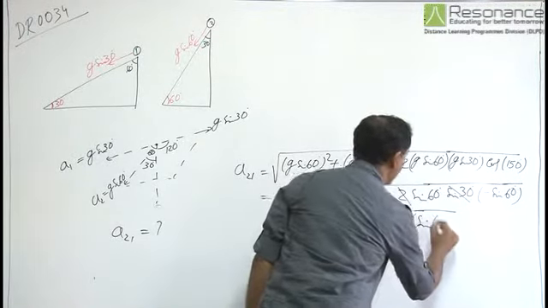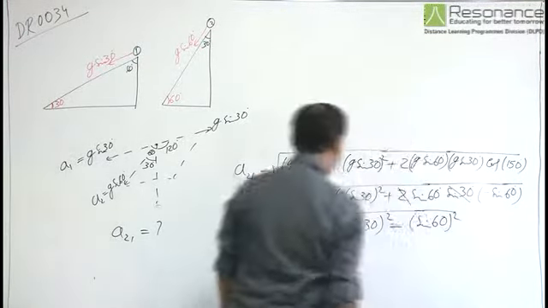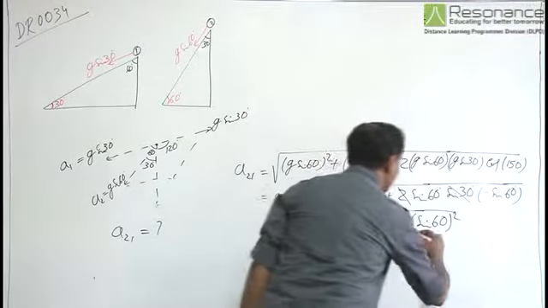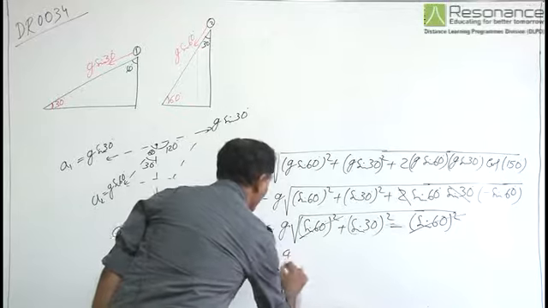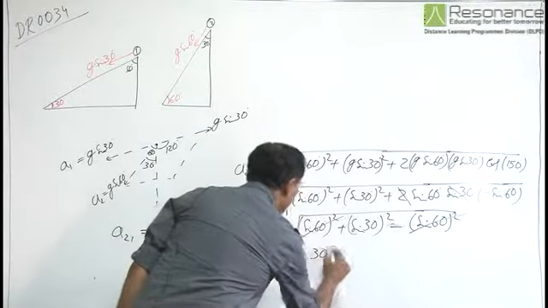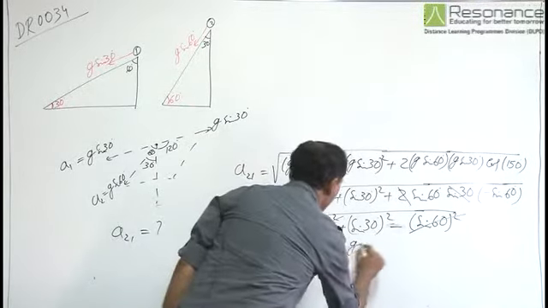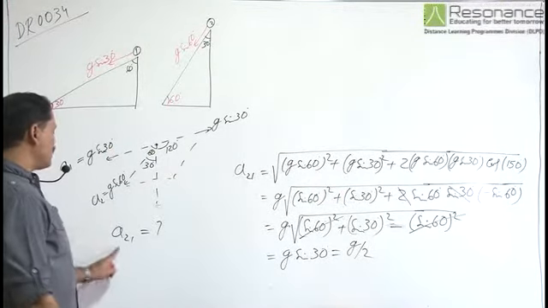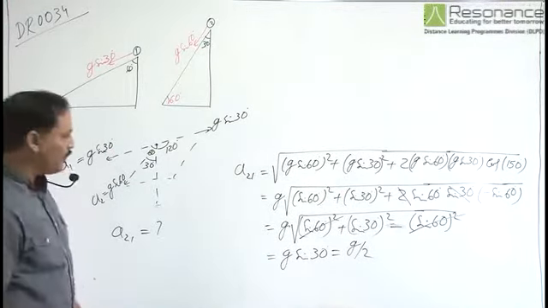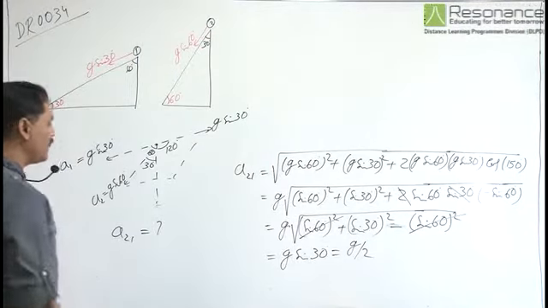So it is again minus sine 60 square. So this sine 60 square and sine 60 square are cancelled. It is g sine 30, or g by 2. So the acceleration of 2 with respect to 1, its magnitude is g by 2.